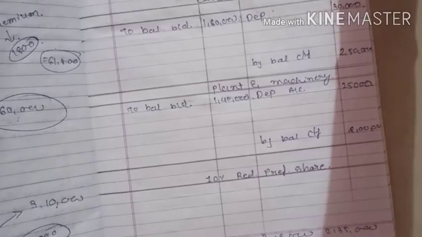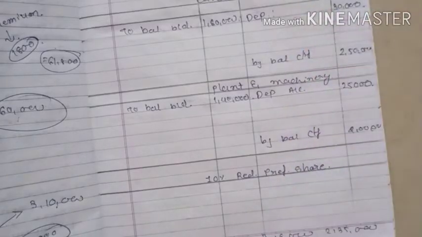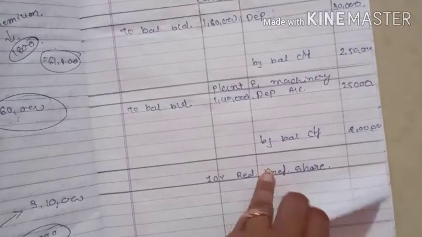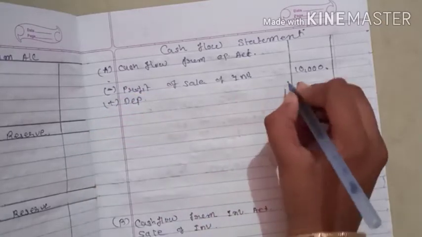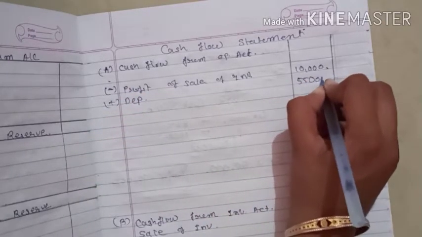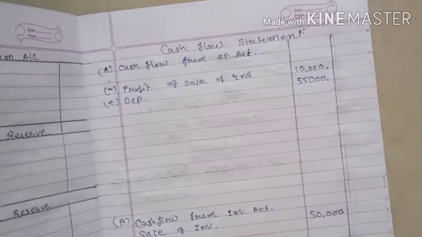Total 30,000 and 25,000, that is 55,000 depreciation. We are going to add depreciation 55,000. Understood?